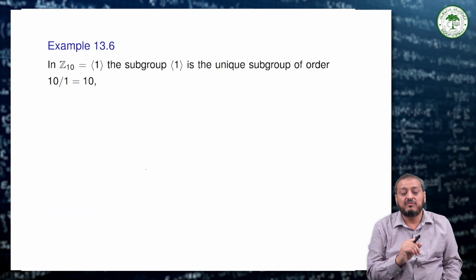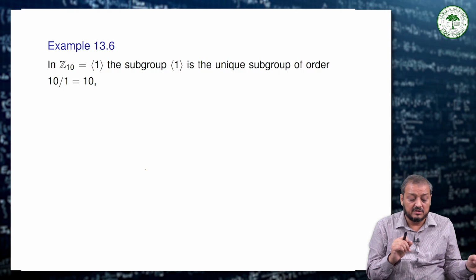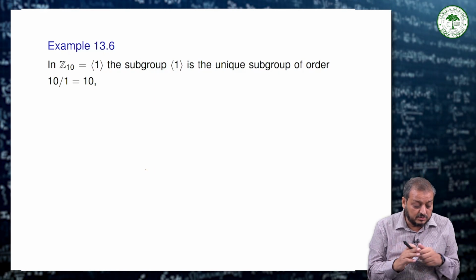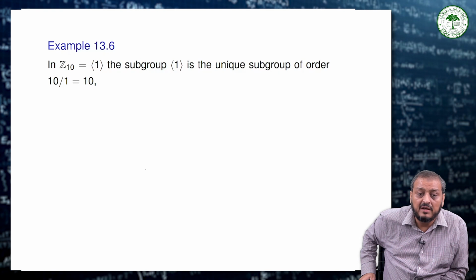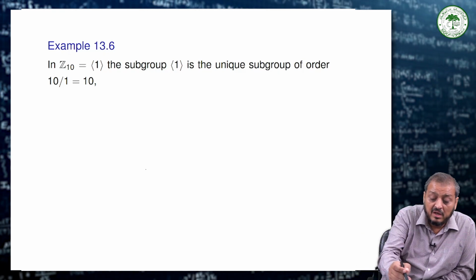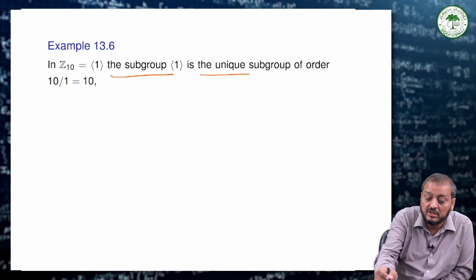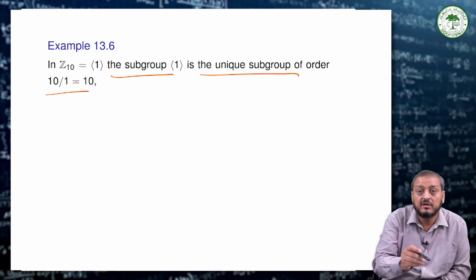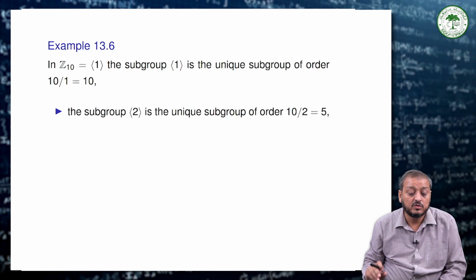Another example: take Z10 generated by 1. The subgroup generated by 1 is the unique subgroup of order 10.